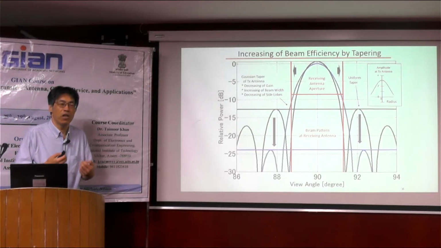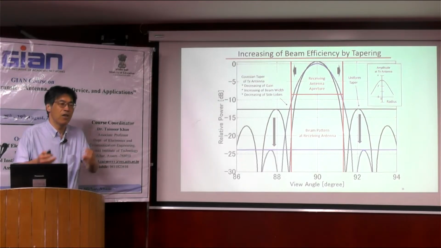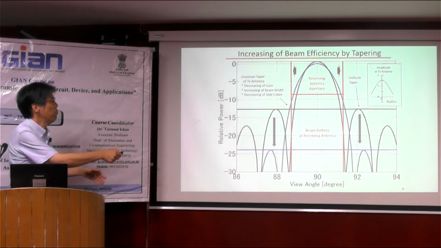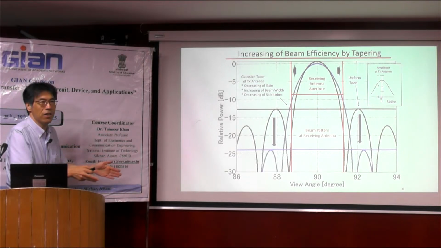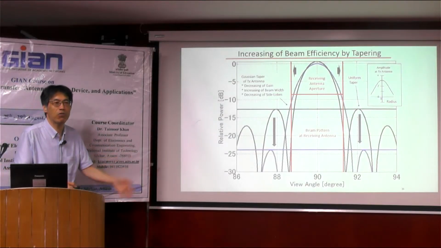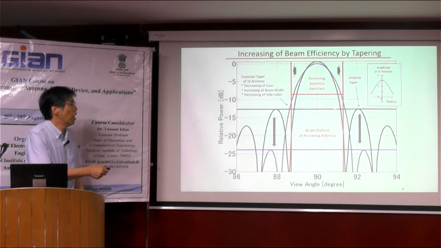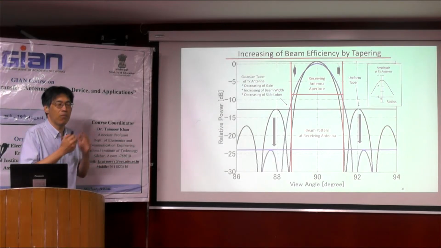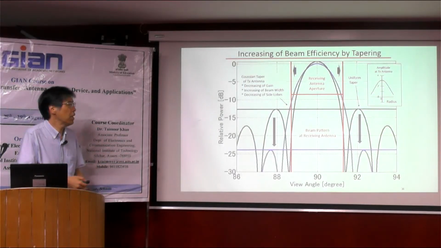But we, WPT researchers, consider that we must gather the radiated power on the plane. So if the front gain decreases but the main beam becomes fat, it's better for a wireless power transmission system, because we gather almost all power in the main lobe. And of course, additionally, the side lobe decreases.